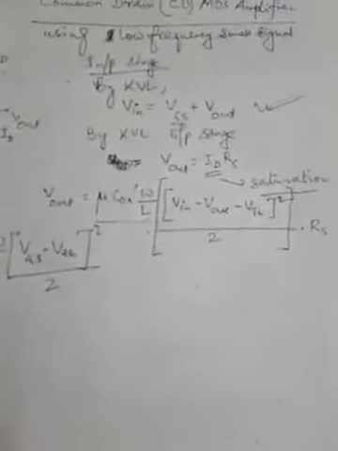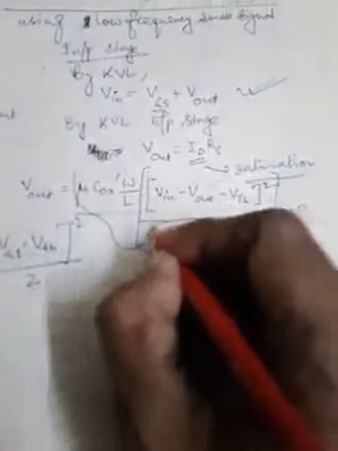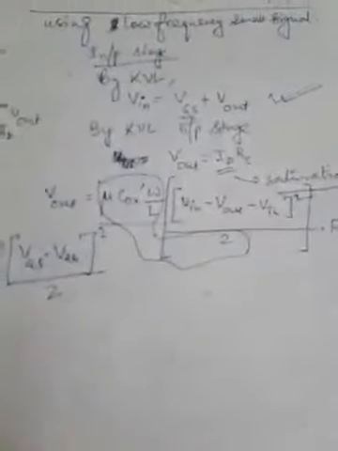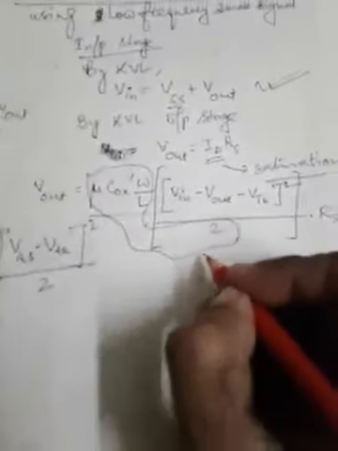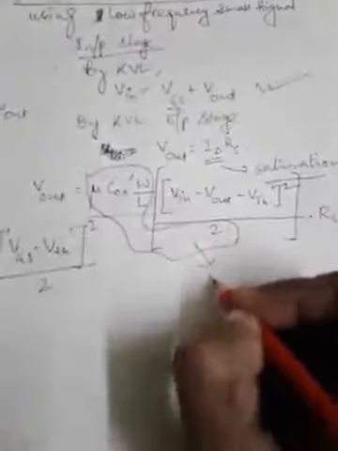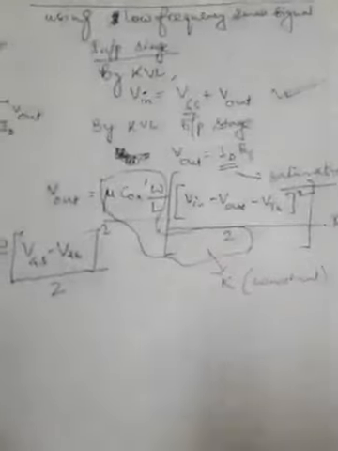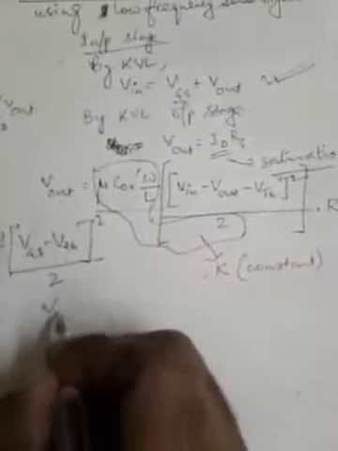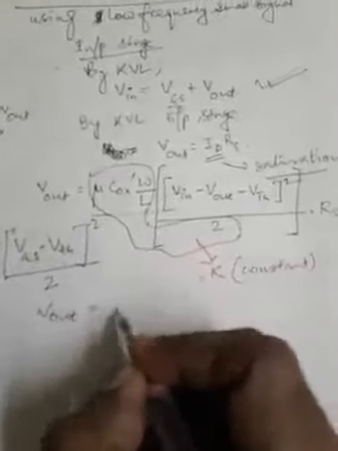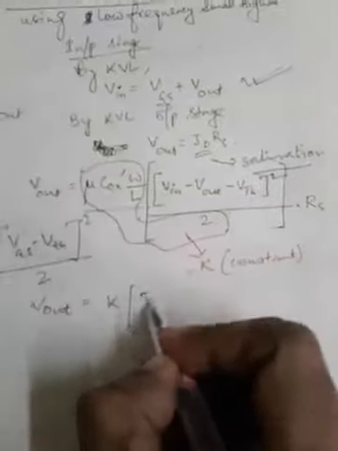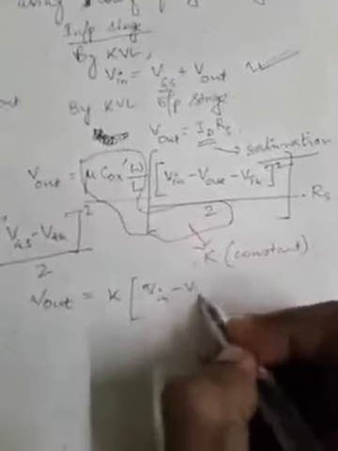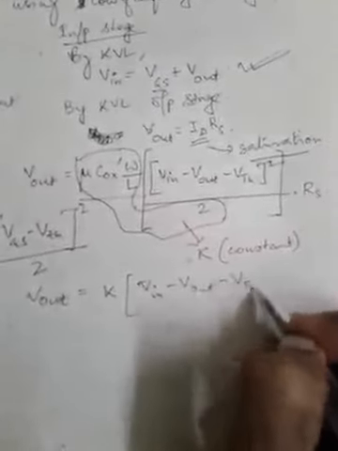So now in this particular equation, let this whole term mu COX prime W by L and 2 in the denominator be denoted by a constant K, to write this equation in a more compact manner. So V out should be written as K into V in minus V out minus VTH whole square into RS.